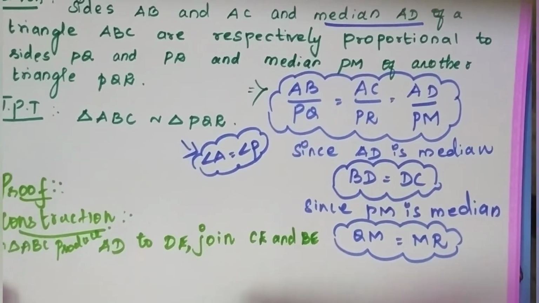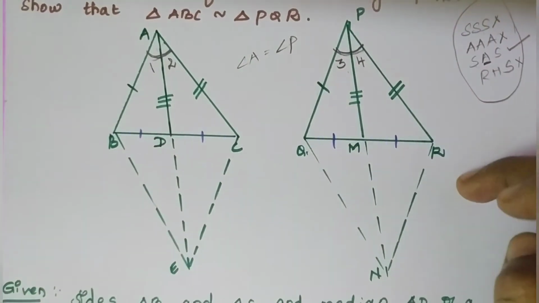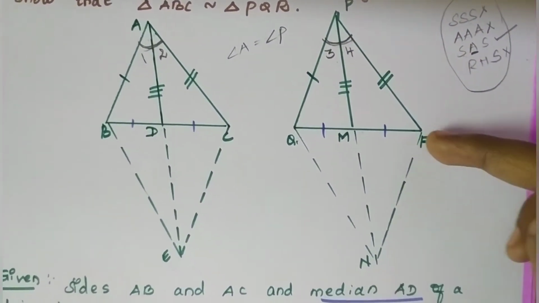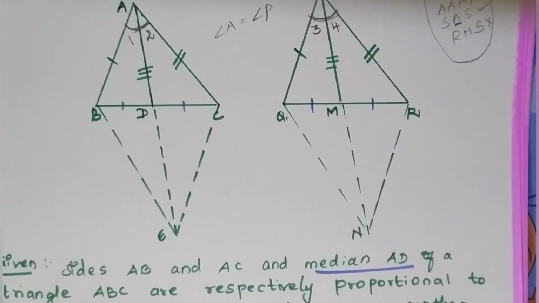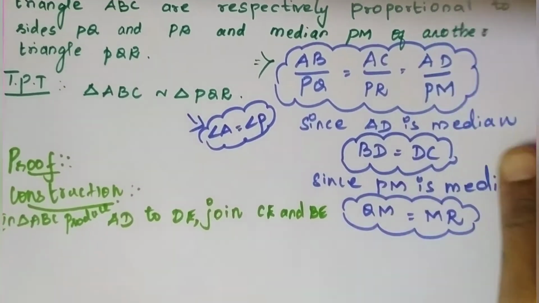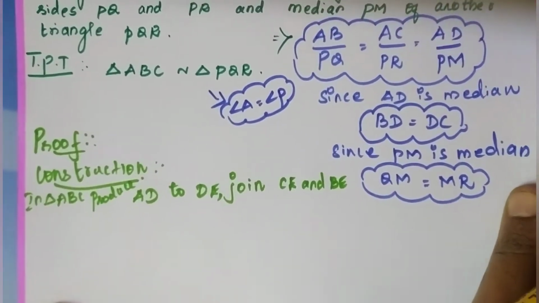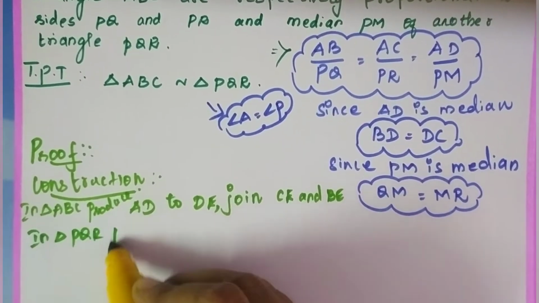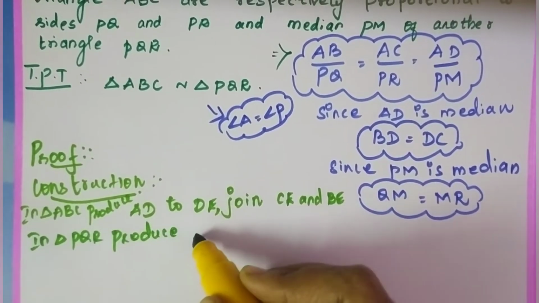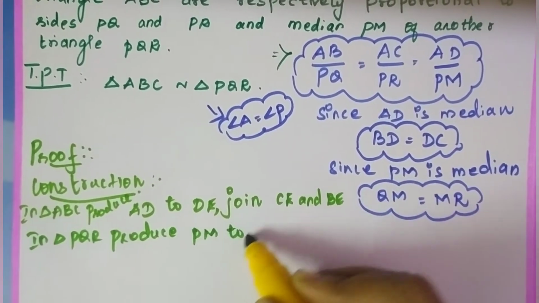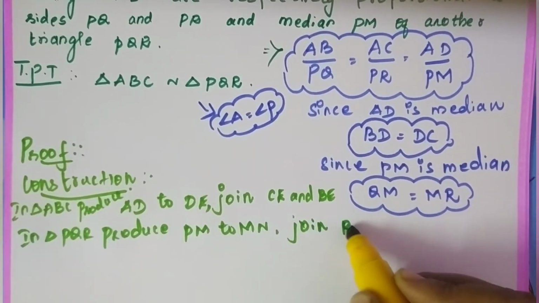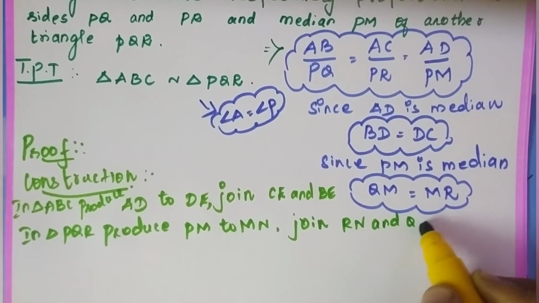Clear? And for this triangle, in triangle PQR, produce PM to N, and join RN and QN.